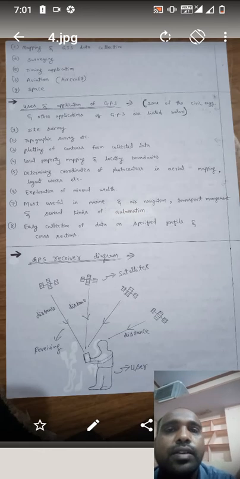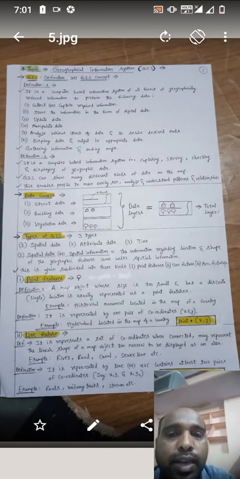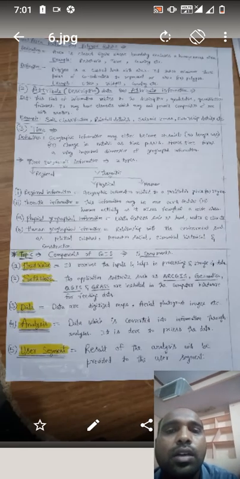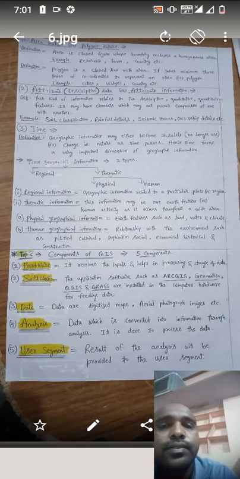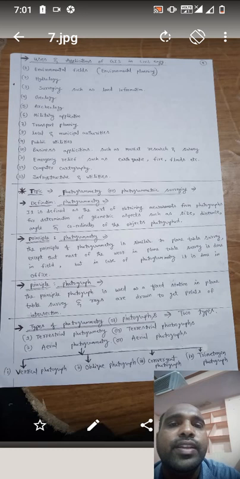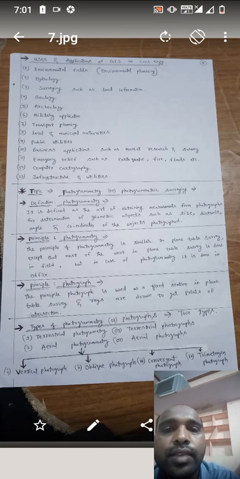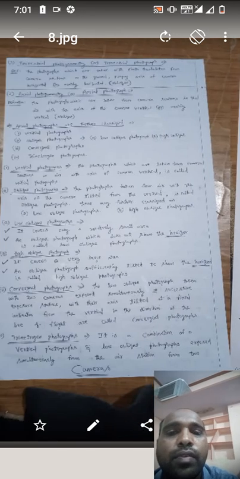Next, GIS definition, data source, types, components, and use and application of GIS in civil engineering. Finally, photogrammetry definition, principle, and types of photography.